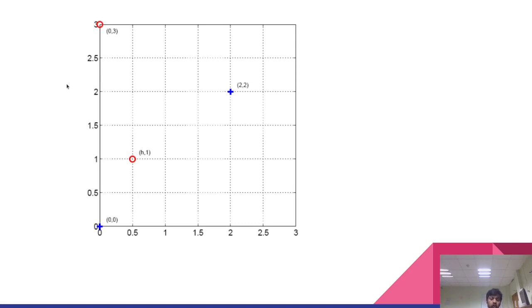In this case, suppose h is the point, so what could be the value of h? It can be here, y equal to 1, and this dimension is 1. What can be the value of the other dimension so that we can still separate the red points from the blue points?